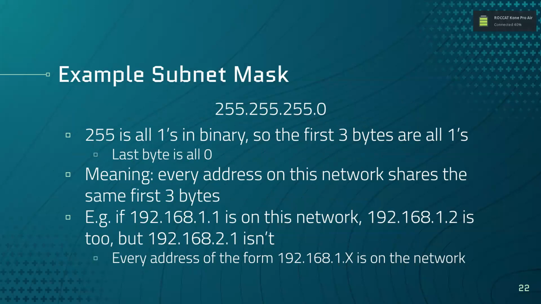What this means is that every address on this network shares the same first 3 bytes. For example, if we know that 192.168.1.1 is on this network, then 192.168.1.2 is also on this network because they share the first 3 bytes. But 192.168.2.1 would not be on the same network because the third byte is different.